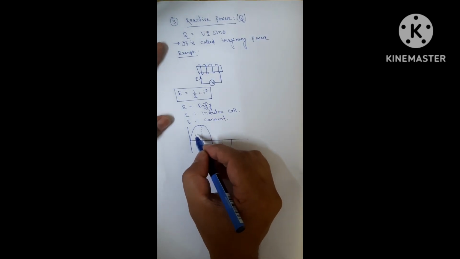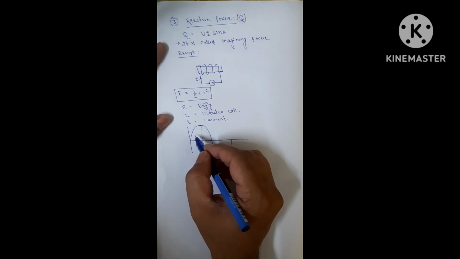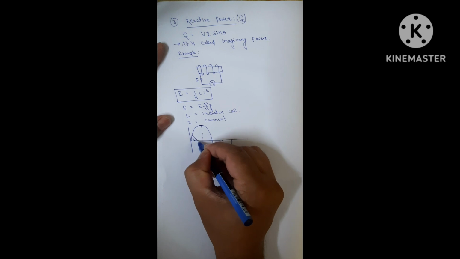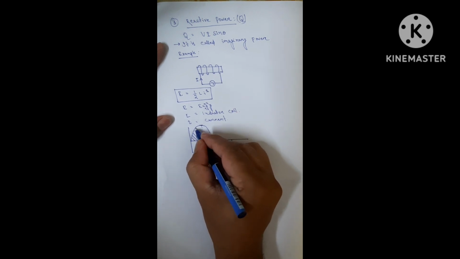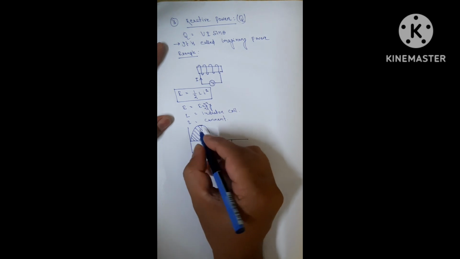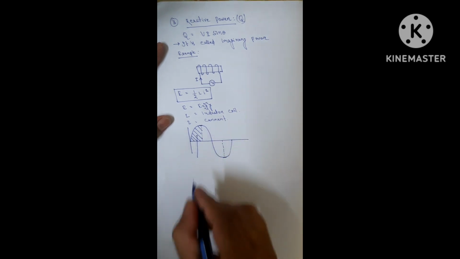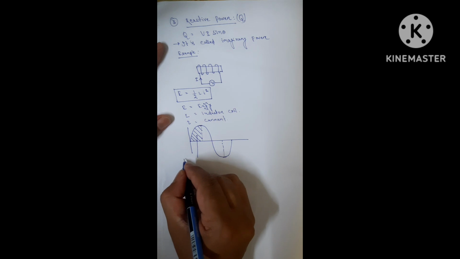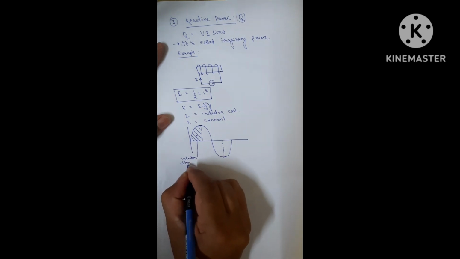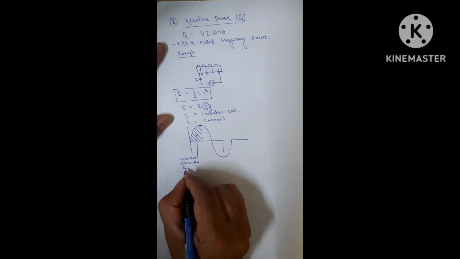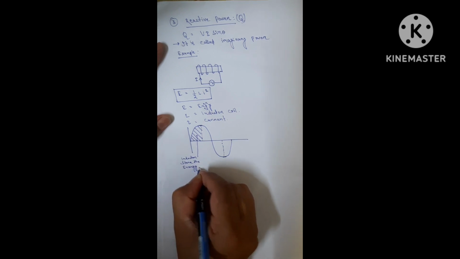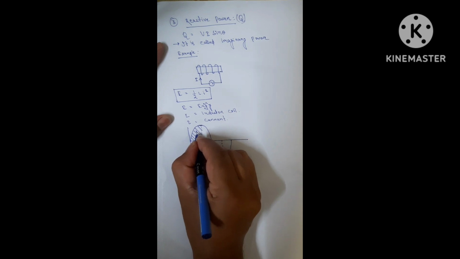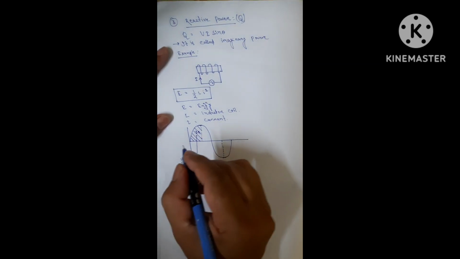Now if you see in the first quarter, this one is your first quarter. In the first quarter, the inductor stores the energy. Here current increases in this first quarter.